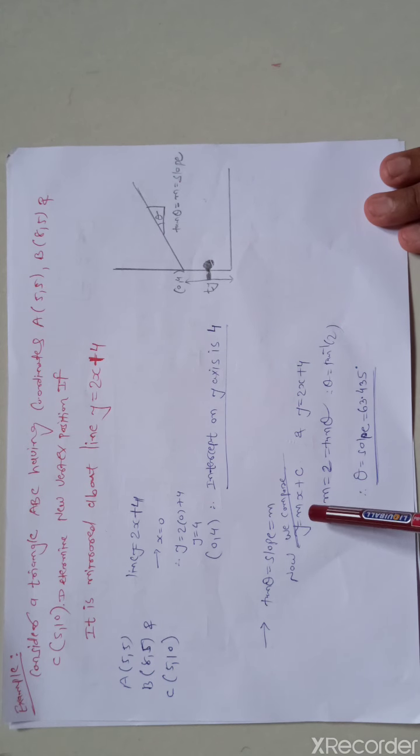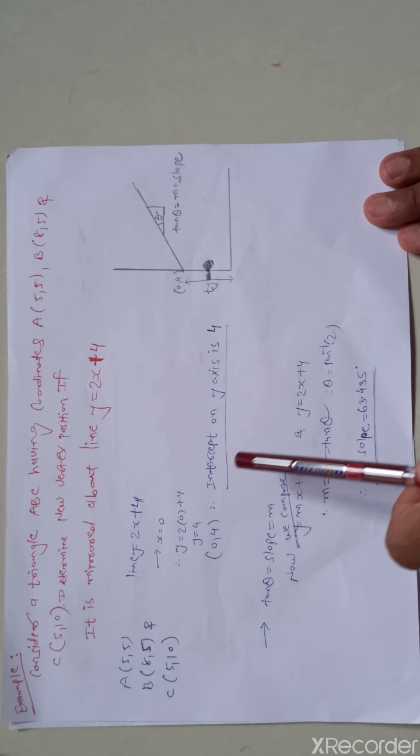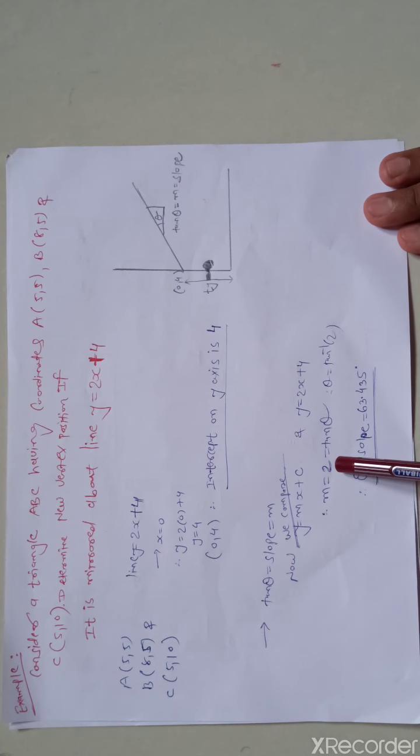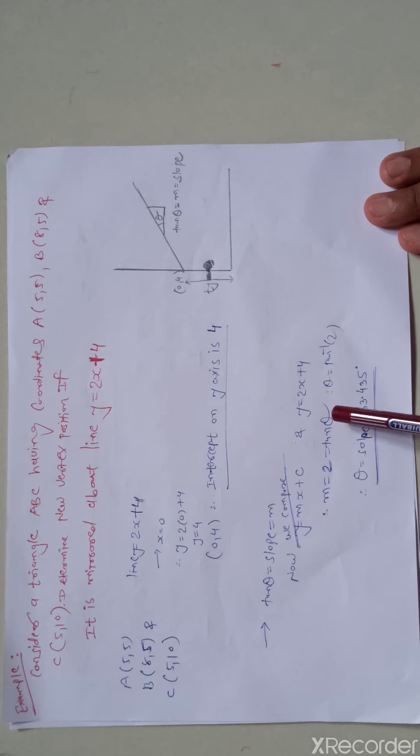Now we know that y is equal to mx plus c is the basic equation of the line, and our given equation is y is equal to 2x plus 4. If we compare these two equations, then m is equal to 2 is equal to tan theta, which means theta is equal to tan inverse 2. So we get the slope as 63.435 degrees.